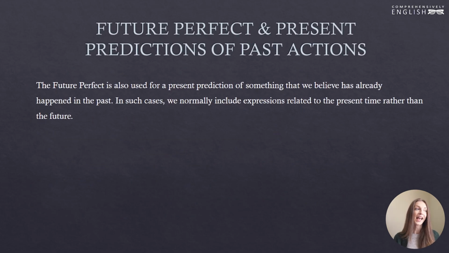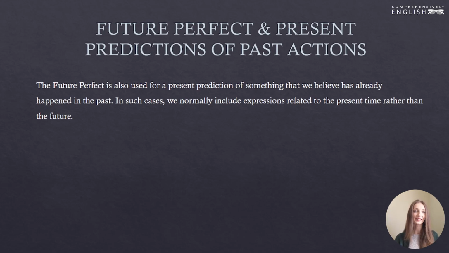Future perfect and predictions of past actions. What? Bear with me, I'll explain. The future perfect is also used for a present prediction of something that we believe has already happened in the past. In such cases, we normally include expressions related to the present time rather than the future.